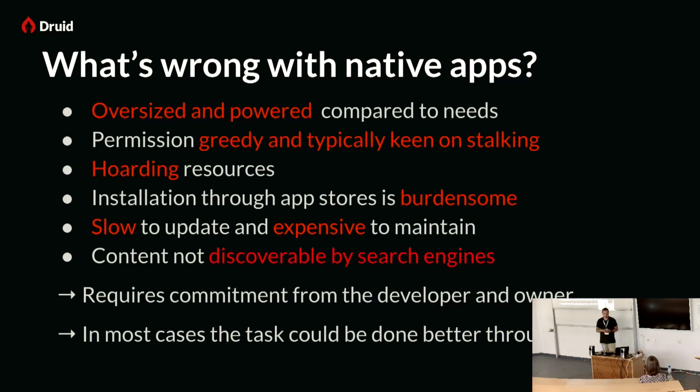In addition to these things, they're expensive to maintain. If you want to create a native application, you need to have one for Android, one for iOS or iPhones, and then luckily we don't have Windows phones anymore, but that was the third platform you needed to support.